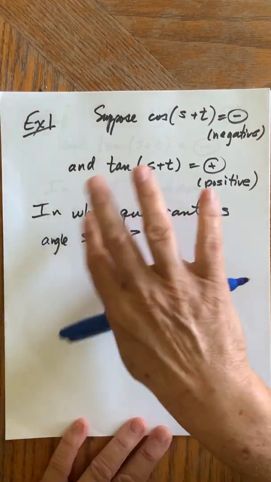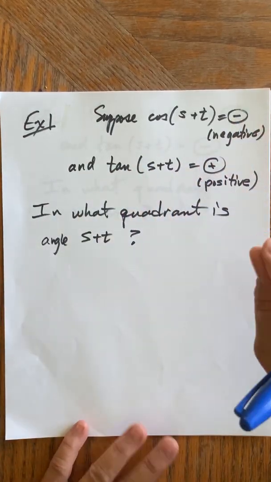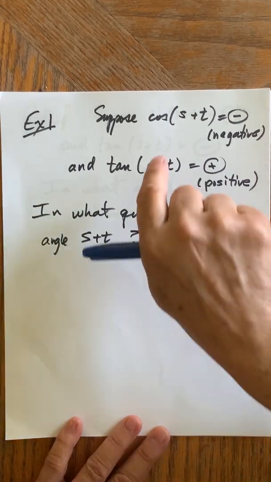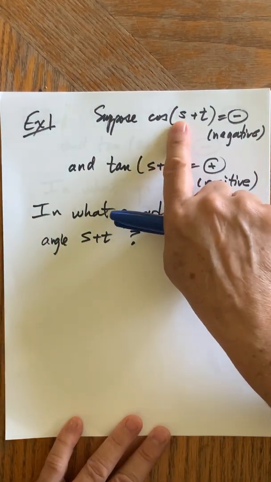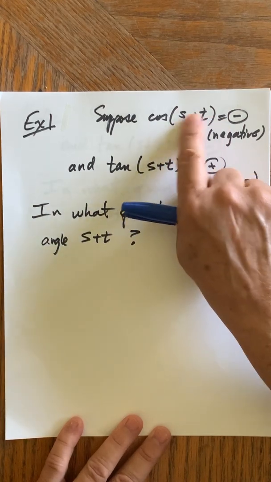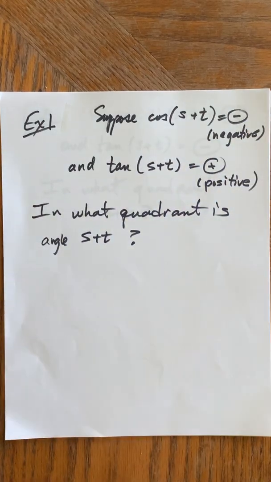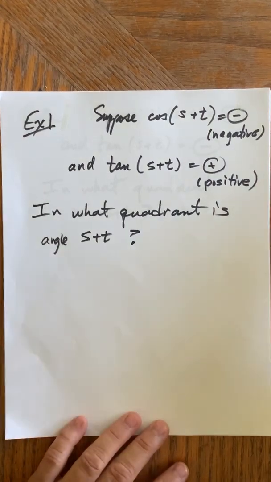So suppose you go through all the rigmarole of finding the actual ratios, and you find that the cosine of the sum of two angles, angle S and angle T, comes out as a negative ratio. I'm just going to make something up, like -3/5, but it really doesn't matter what the number is.